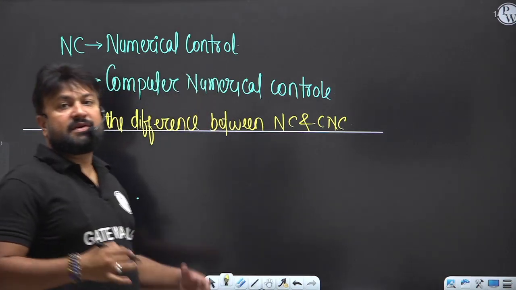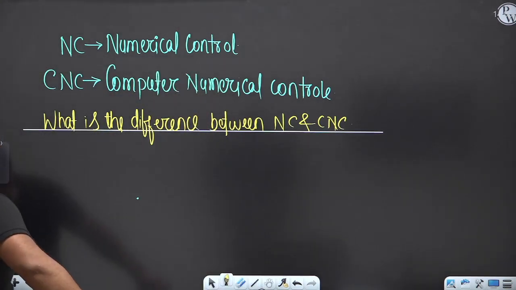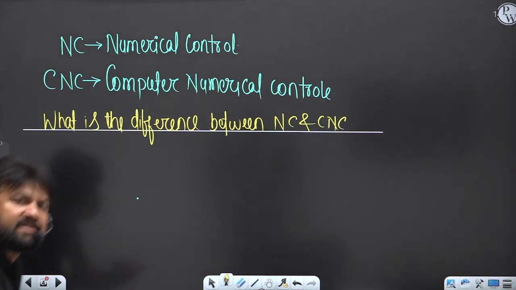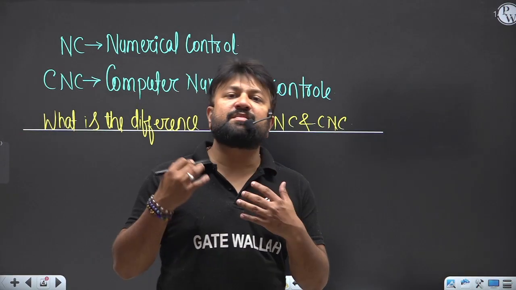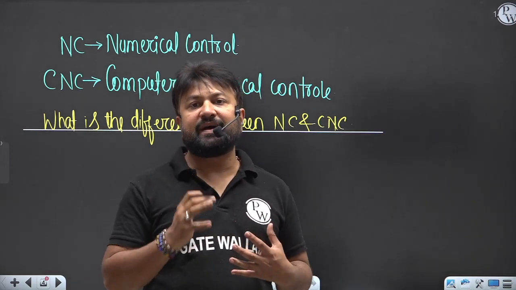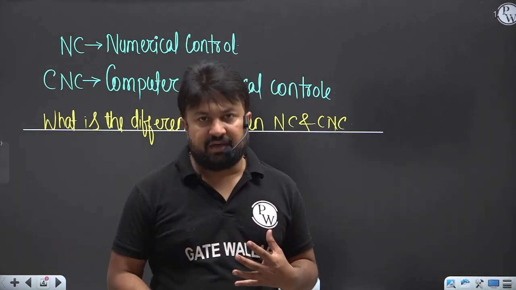My dear, there is a huge difference between NC and CNC. The earliest NC machines performed a limited function, and movement was controlled by punch tape or punch cards.